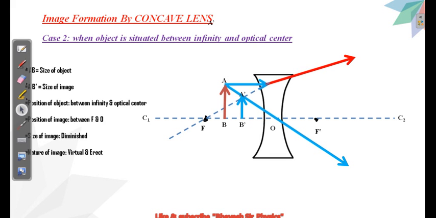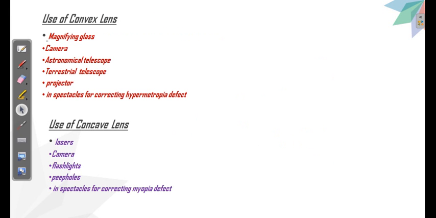Now let's see the uses of convex lens and concave lens. So these are the uses: in magnifying glass, we use a convex lens. We use it in camera, astronomical telescope, terrestrial telescope, projector. Okay, cinema projector, we use convex lens.